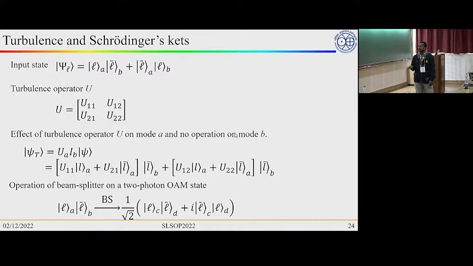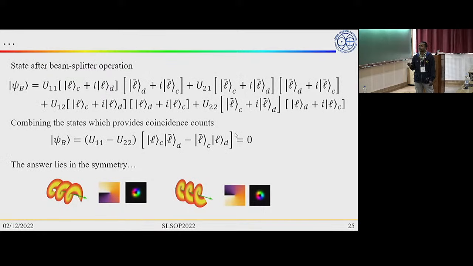So when we do this calculation, this is the complete state, and from here we try to find which states can give me coincidences, because in the end I am going to measure 1 and minus 1 only, or 2 minus 2, 3 minus 3.